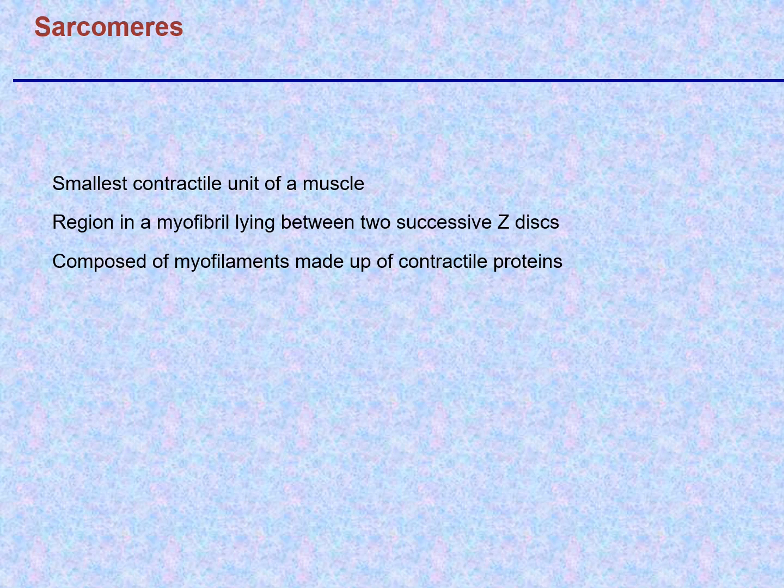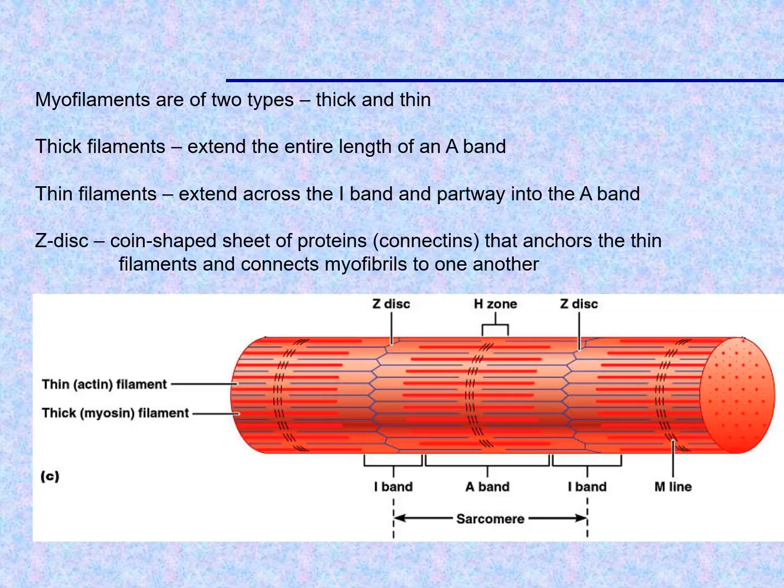Now, the region in a repeated pattern in the myofibril of contractile bands and filaments sliding past each other is called the sarcomere, and I'll describe that to you in the next slide.